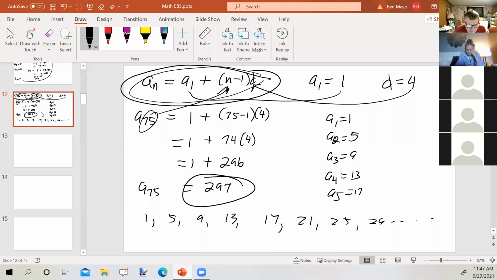Okay. Now, this is for arithmetic sequences. Tomorrow we're going to look at geometric sequences, but let's not worry about tomorrow yet. There are also some problems in this assignment where you won't use this specific formula.